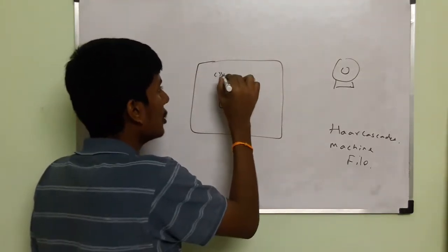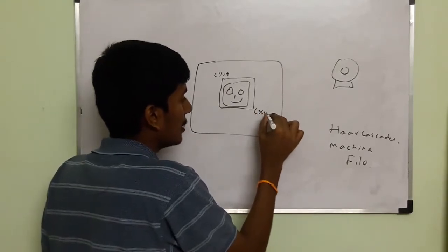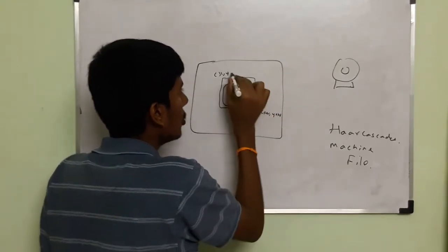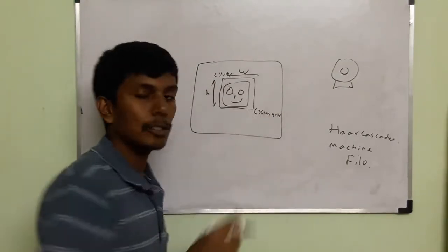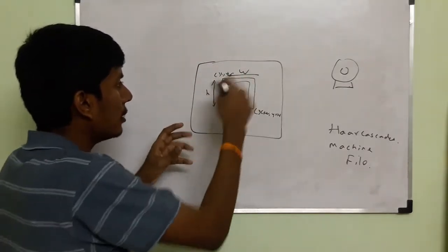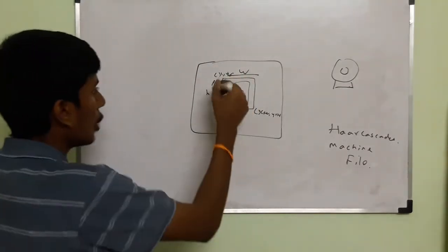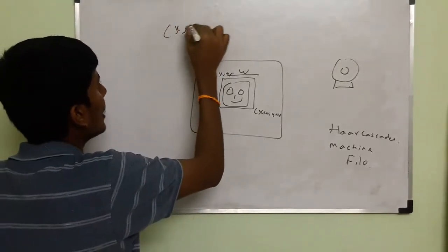So now let's call this x comma y, and let's call this x plus w comma y plus h. So now this is w and this is h. Okay, so the detected face will be in the form of a rectangle, and the top left coordinate of that rectangle will be x comma y.